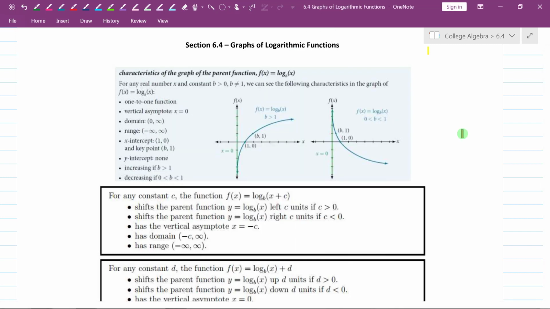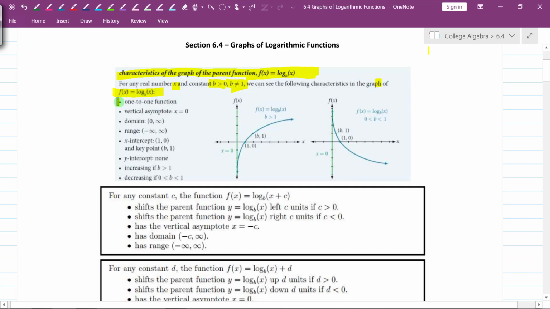Alrighty, so the characteristics of the graph of the parent function, log base b of x. For any real number x and a constant b, which has to be greater than 0 and cannot equal 1, we can see the following characteristics of the graph for the function log base b of x.